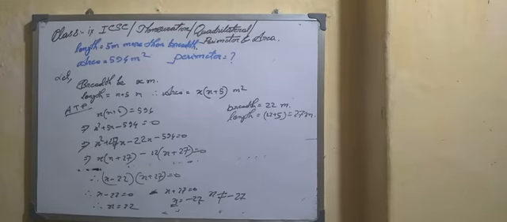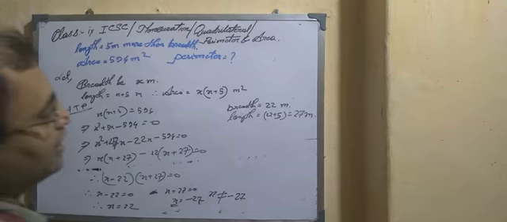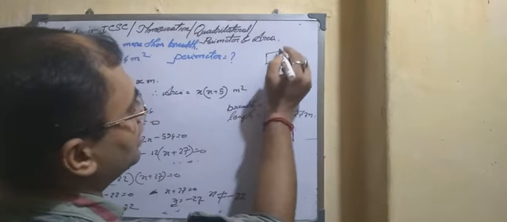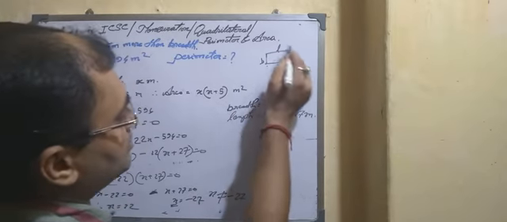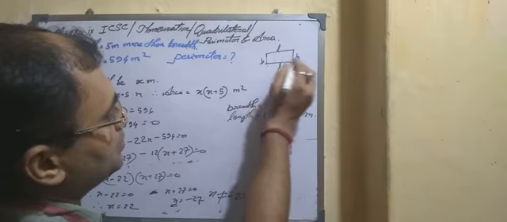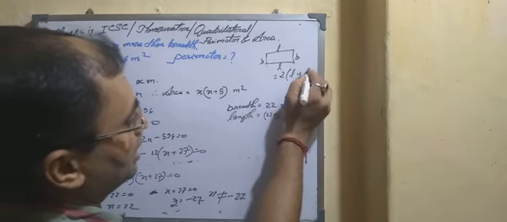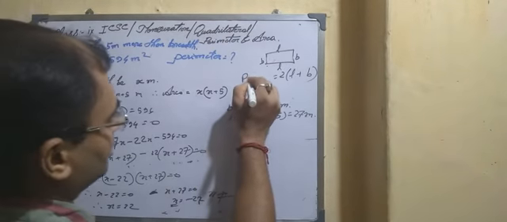Okay, now we have to find out the perimeter. For a rectangle, with sides L, B, B, L, what is the perimeter? The total surrounding, that means B plus B, L plus L. We can take common, that means 2 into L plus B. So this is the formula for the perimeter of a rectangle.